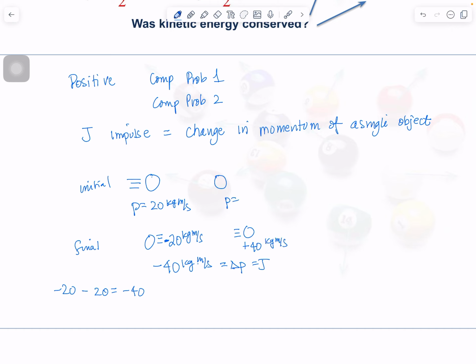So P initially 0. So this one lost 40, this one gained 40. And that's why on positive physics you'll see the absolute value of the J is equal to 40 kilogram meters per second. So whatever one gains, the other loses.